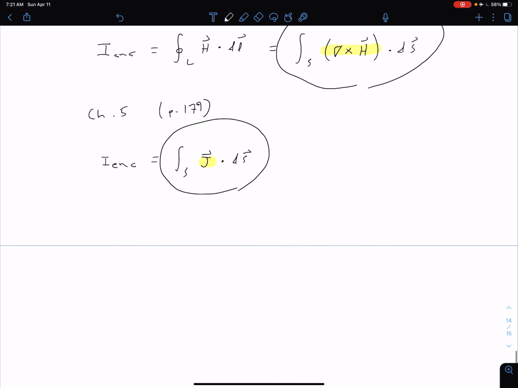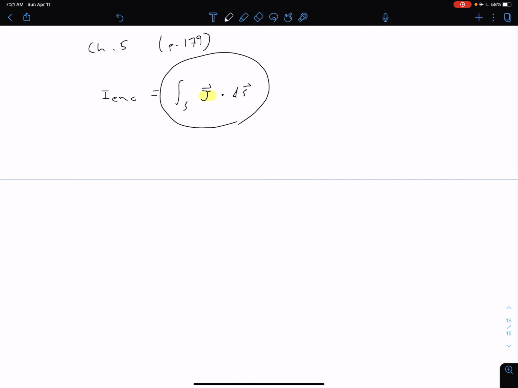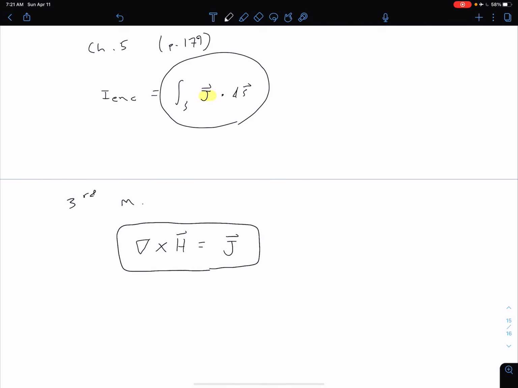And so this is going to be our third Maxwell equation. The curl of H, the curl of our magnetic field intensity, is equal to our current density J. Just like when we looked at Gauss's law, we had a differential form and an integral form, and that is true here as well.